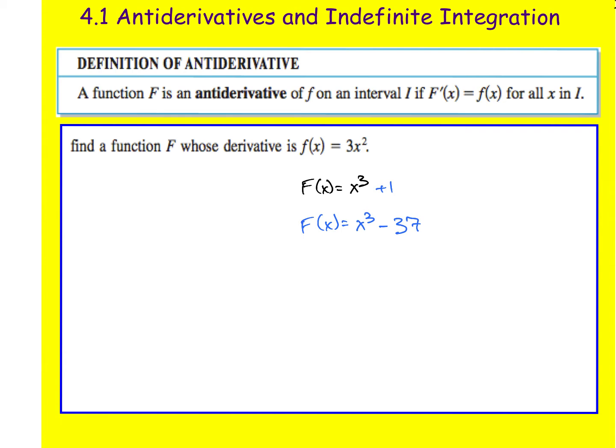Those could all be valid answers, so those aren't good answers to me. What are 1 and 37 and pi? Those are constants. So my actual answer is big F of x equals x cubed plus c. Now I have this constant of integration.